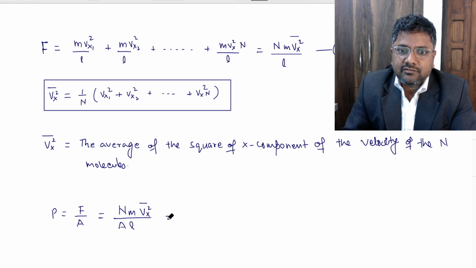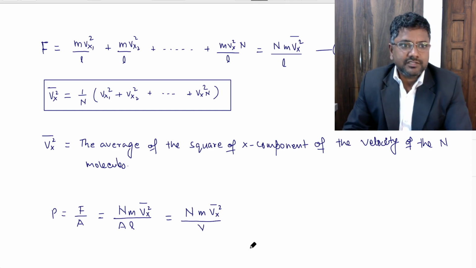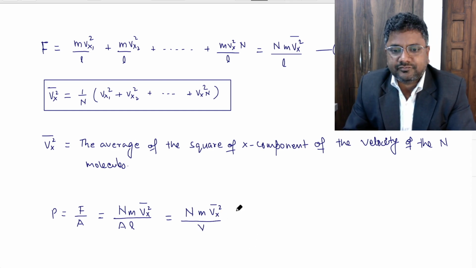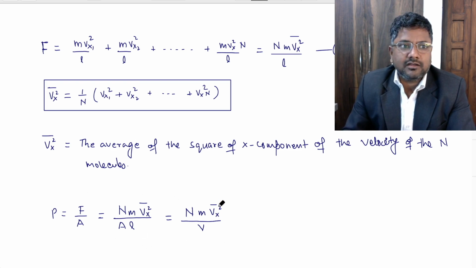So this is equal to N small m vx square divided by V, right? So this is called the formula for pressure.